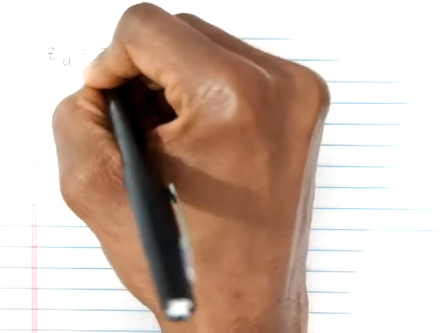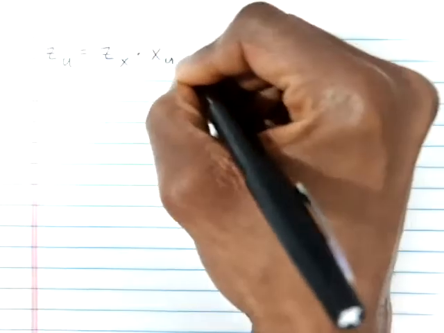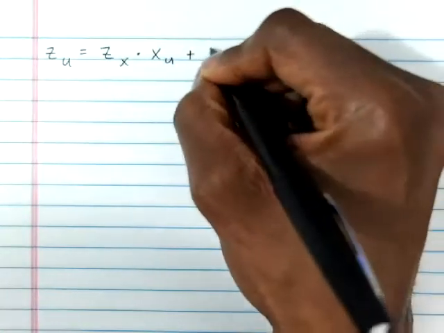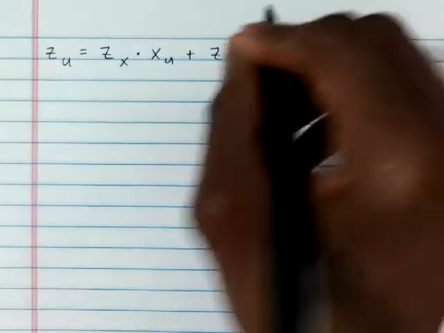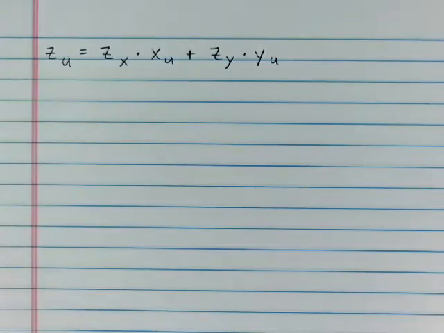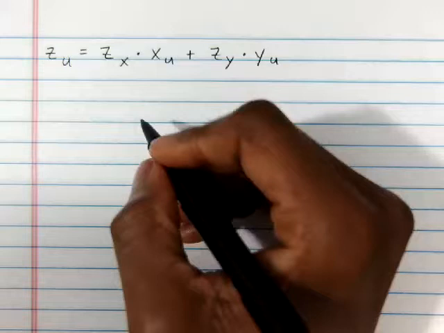So z sub u equals z sub x times x sub u plus z sub y times y sub u. And then we can do a similar thing because we also may want the partial of z with respect to v.